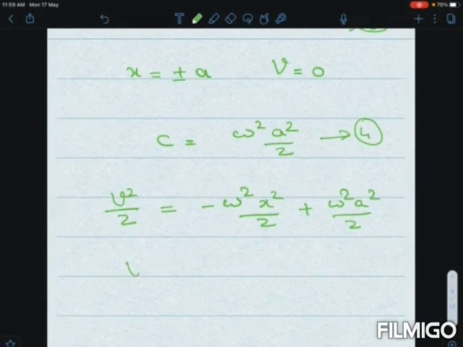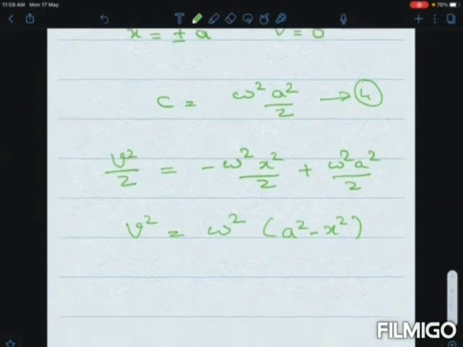So we have v square is equal to, you can pick omega square outside, then you have a square minus x square, right? So therefore your velocity v is equal to omega into root of a square minus x square.